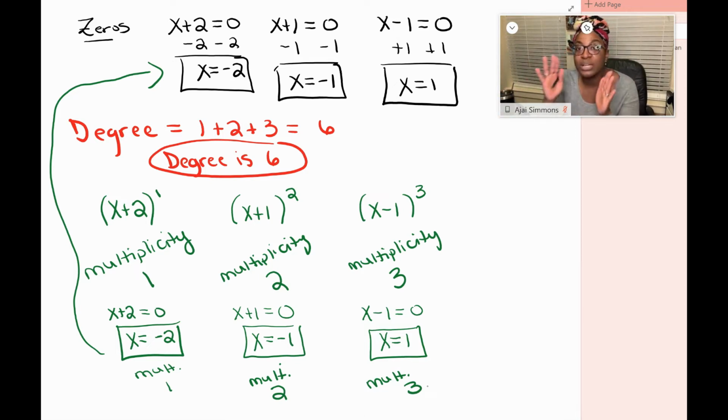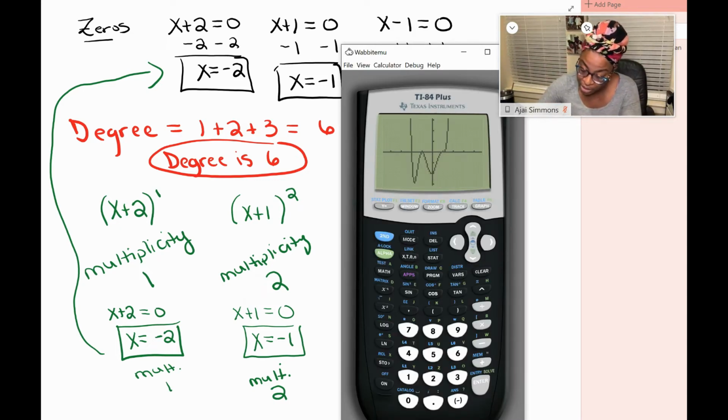So since 3 is an odd number, the prediction is that at x equals 1, it's going to go through. Let's go back to our picture. Look at where x is equal to 1. It goes through that value, okay? And that is what the multiplicity tells you. If it's an odd multiplicity, it's going to go through. If it's even, it's just going to touch.